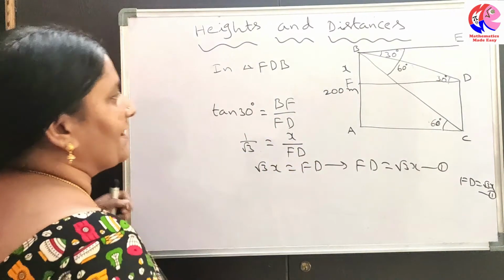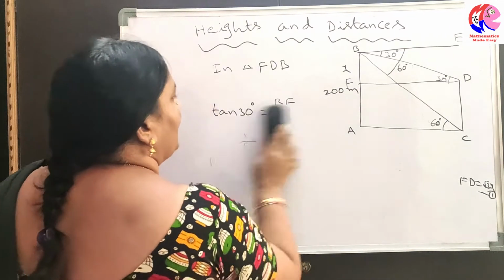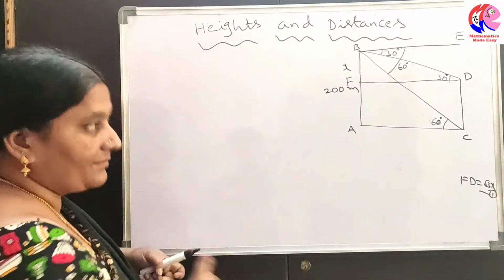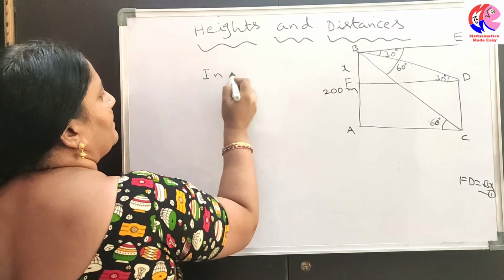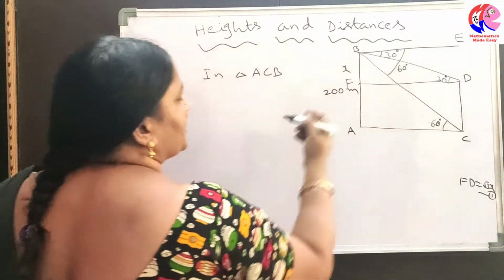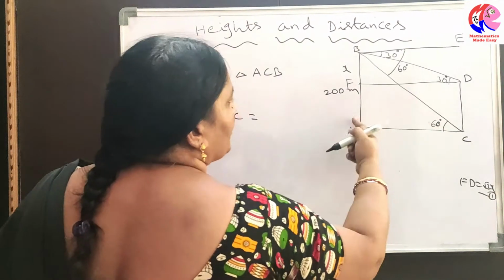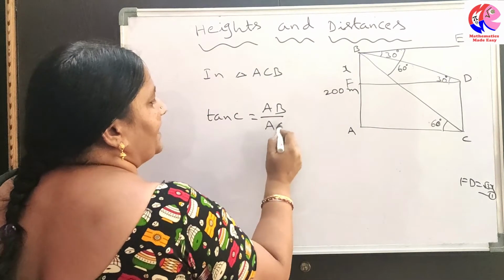Now coming to second triangle ACB. In triangle ACB, tan C is equal to opposite side AB by adjacent side AC.